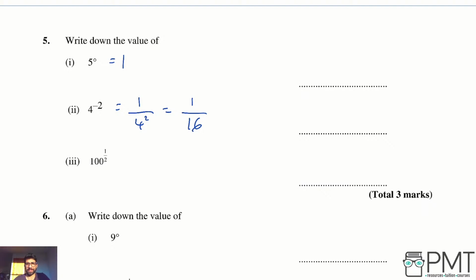So you're squaring and flipping. Okay, that's 5i, and then we have the square root of 100, which is 10. Okay, that's question 5. Let's see what we should do next.